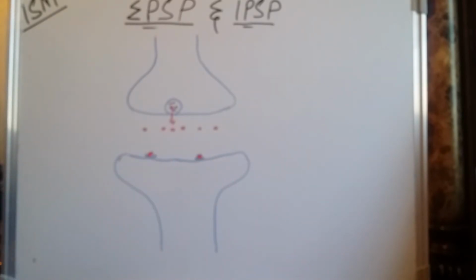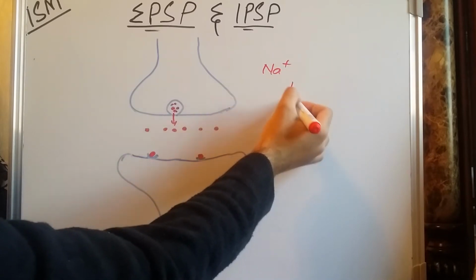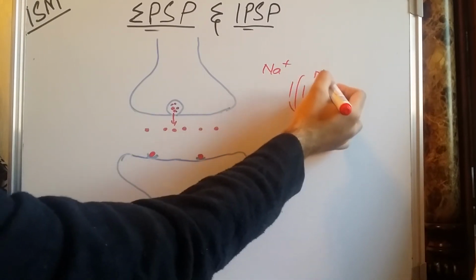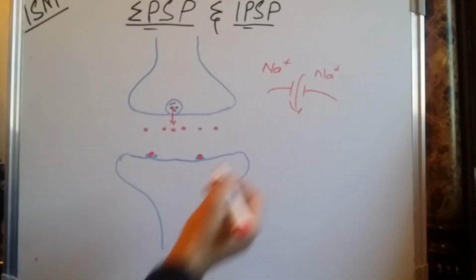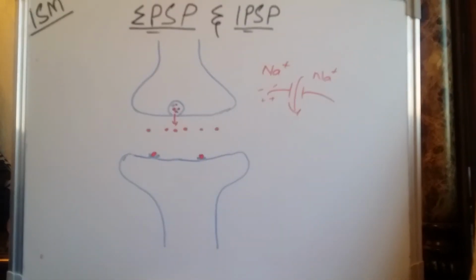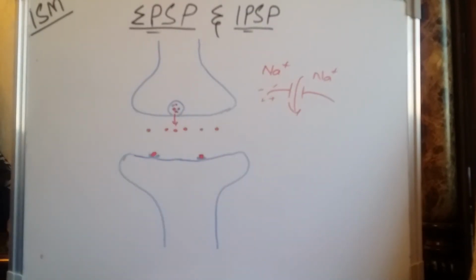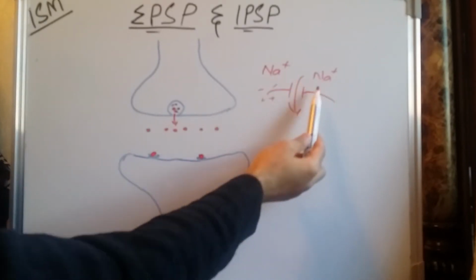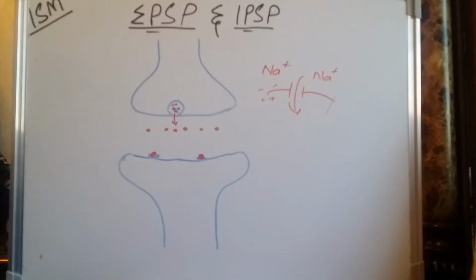Whenever more sodium channels open up, more sodium enters the cell of this neuron and generates an action potential. So the conductance is directly dependent upon the number of sodium gates opening. More sodium channels open, more action potential is generated, and the conductance is very efficient.